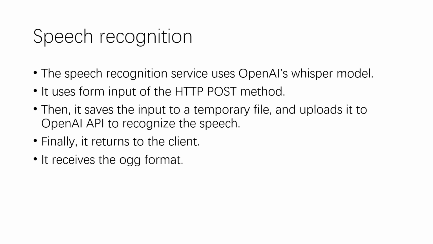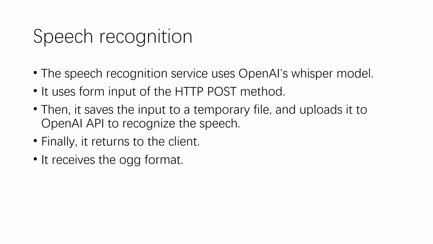Now let's start from the first service from the server, the speech recognition service. The speech recognition service uses OpenAI's Whisper model. It first gets the input from the form data of the HTTP post method sent by the client.